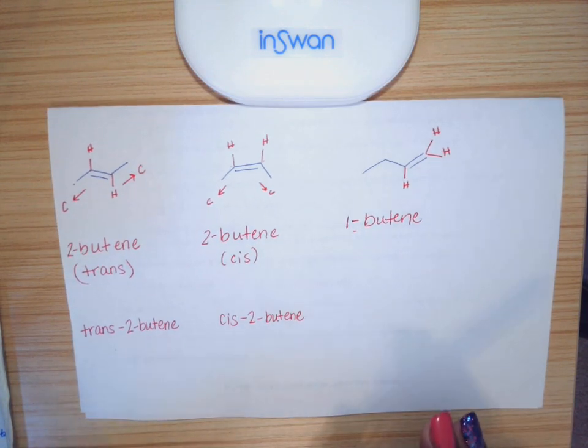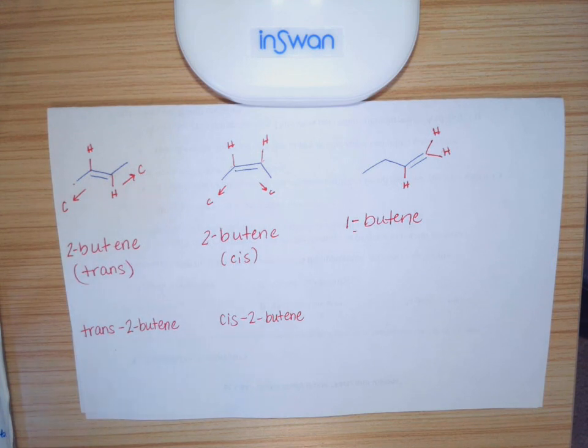When you're naming alkenes, still go through the rules of naming that molecule. So identify your parent chain, identify any substituents, number the parent chain so that your functional group has the lowest number. Use that same numbering system to identify where the substituents are located. Put everything together, putting your substituents in alphabetical order, followed by the parent chain.